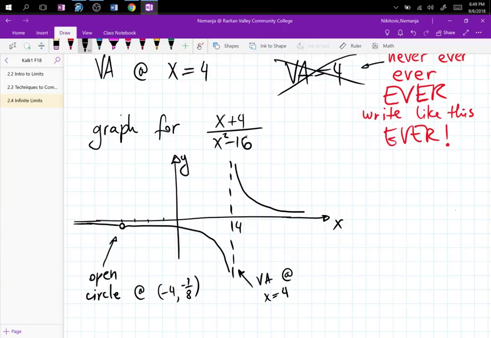So now I'm going to go into window, and put x minimum at -5 and x maximum at -3. Hold on.